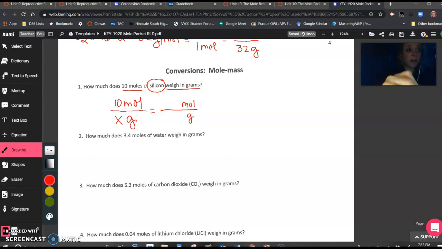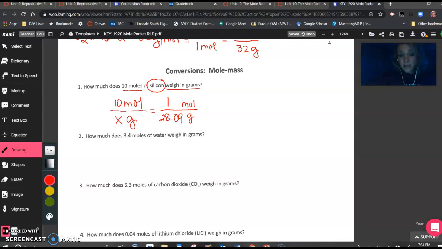And if I look at my periodic table, silicon is right here, right below carbon. And I know that 1 mole of silicon is 28.09 grams. So I'm going to put 1 mole here at the top, and I know that 1 mole of silicon is 28.09 grams.